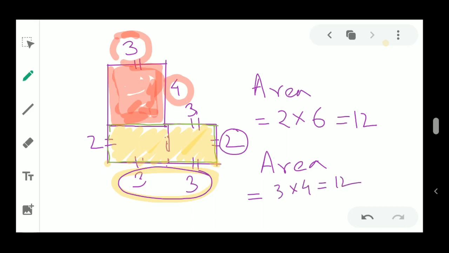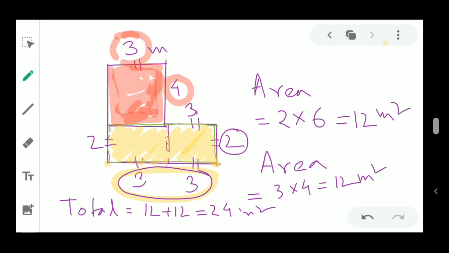So in both cases we got 12, so the total area will be 12 plus 12, that is 24, whatever the unit will be, that square. So if everything is in meter, then it will be meter square. So this is how you have to find out the area for this kind of shapes.